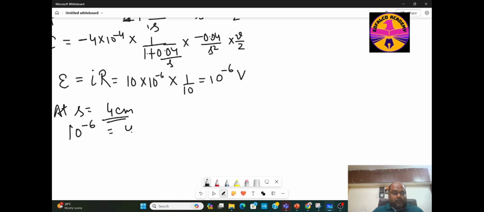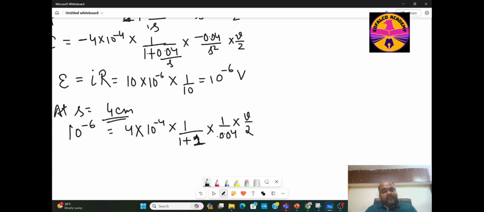This will become equal to, this minus minus is cancelled to become plus, so 4 into 10 to the power minus 4 into 1 by 1 plus 0.04 by S. S is again 0.04, so it will become 2, sorry, 1, to cancel out and it will become 1, right? Multiplied by 0.04 by S square. So it will become 1 by 0.04 into V by 2.